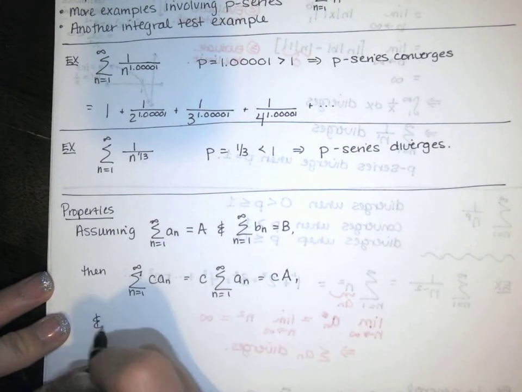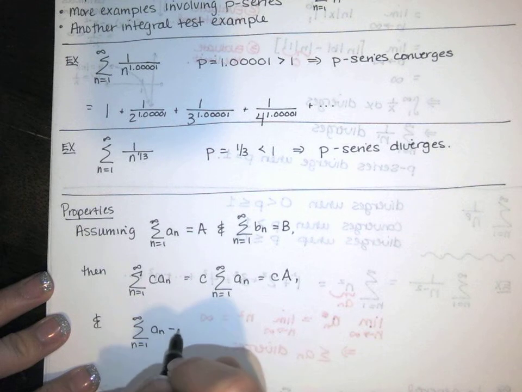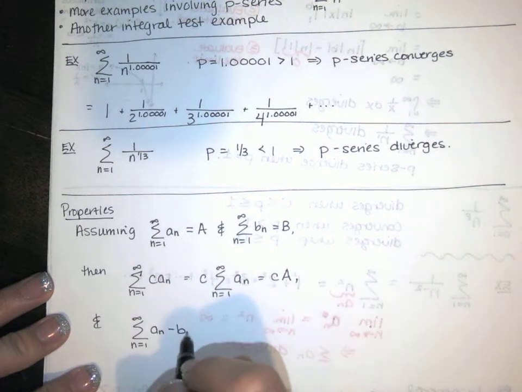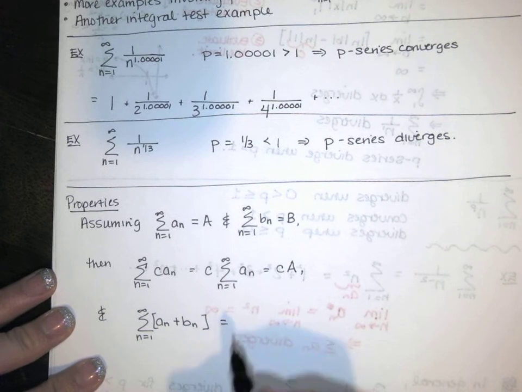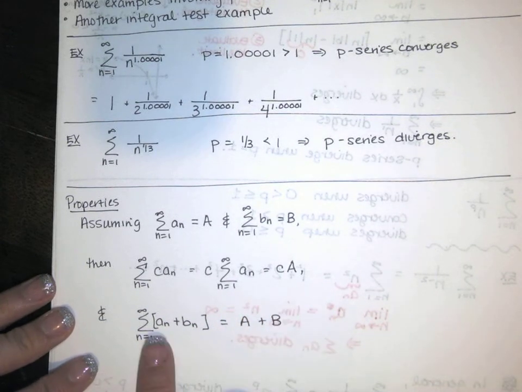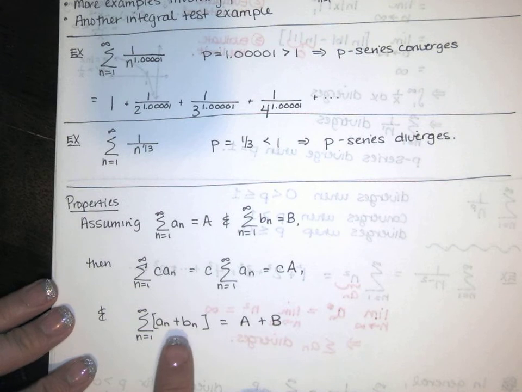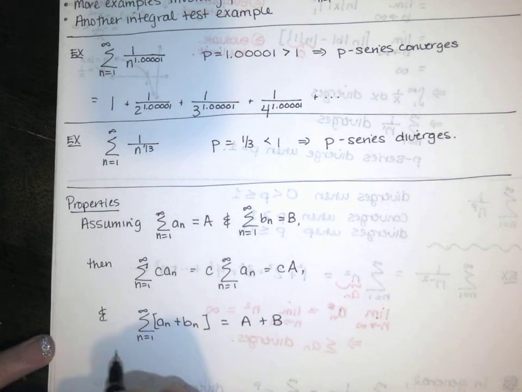And if I take the nth term of this series and the nth term of this series, and I add them, turns out I just have to add what they converge to. If a sub n converges to a, and the b sub n series converges to b, the sum converges to a plus b.